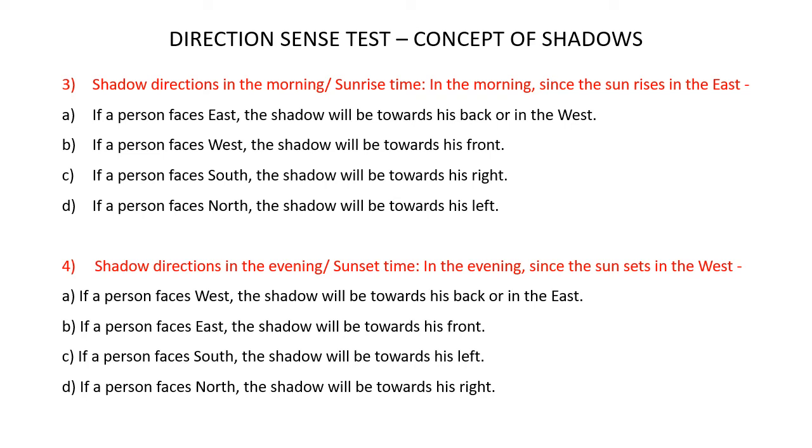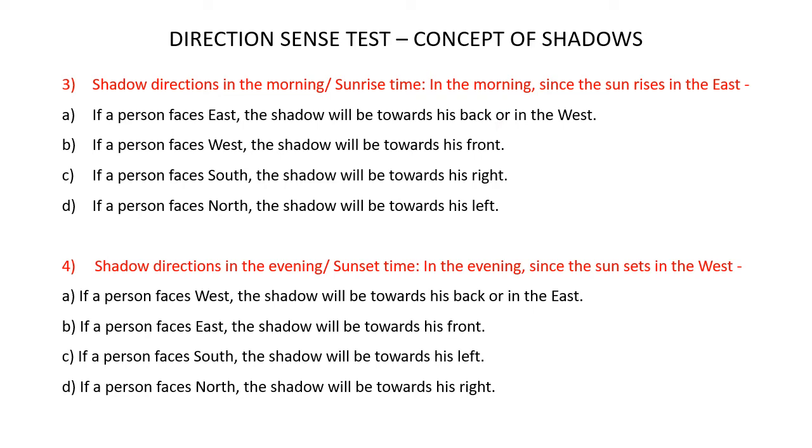Now let's learn more about the direction of the shadows in the morning or sunrise time and the direction of the shadows in the evening or sunset time. In the morning, since the sun rises in the east, if a person faces east, the shadow will be towards his back or in the west.